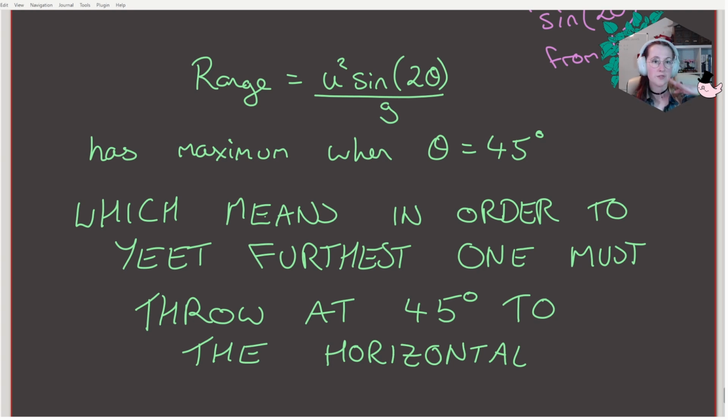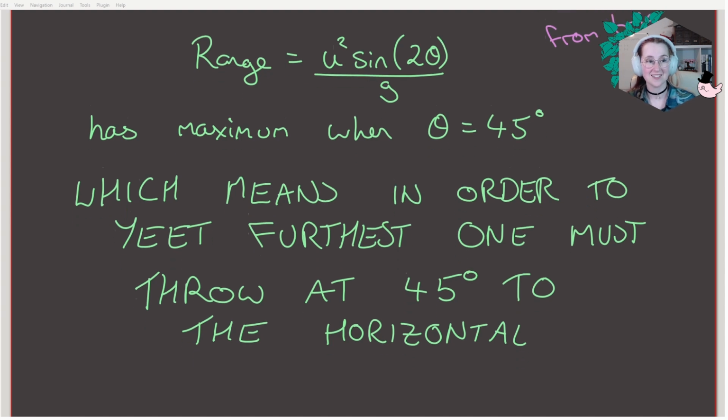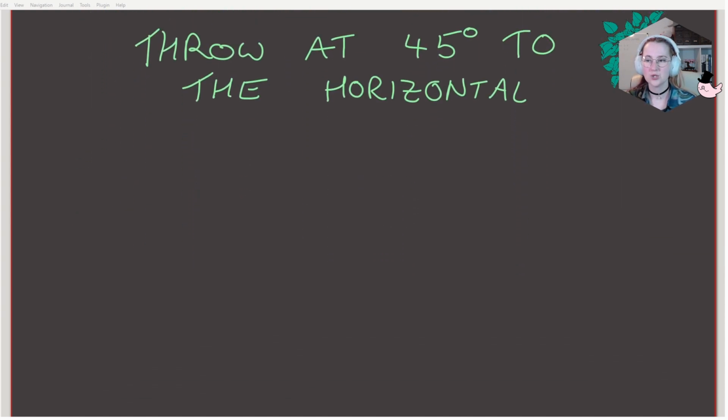Lower than that and you don't get enough up to get you far. Further than that and you've got too much up and not enough forwards. So if you're going to yeet something really far, best angle 45, exactly halfway. Fun fact: yeeting at 45 degrees is optimal for furthest horizontal distance.